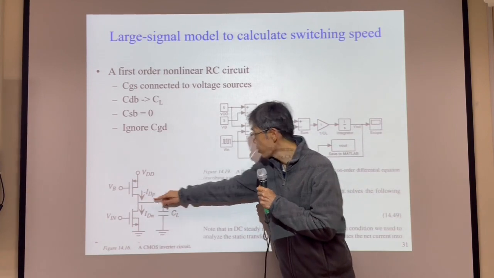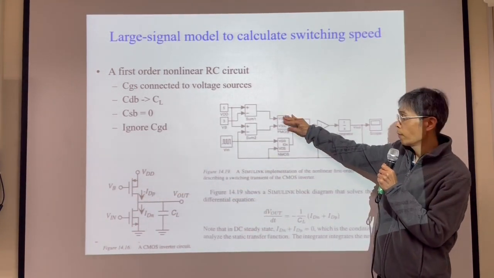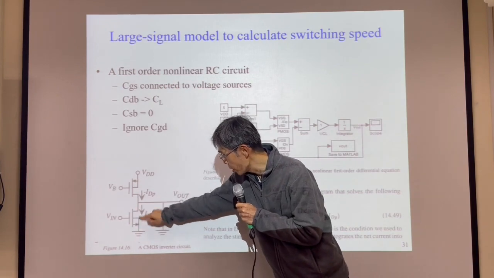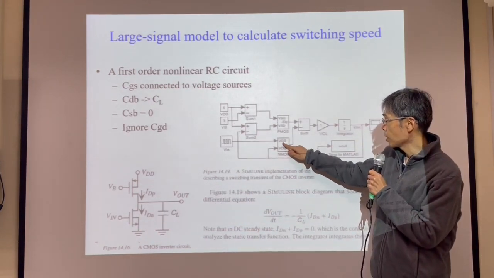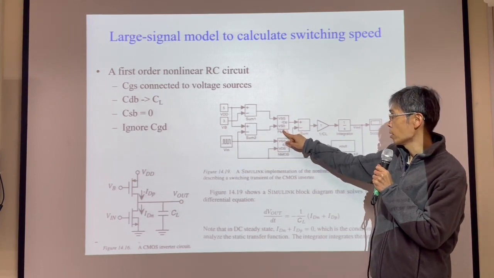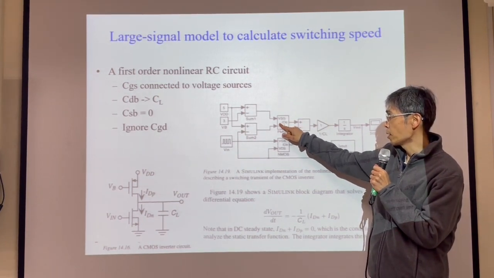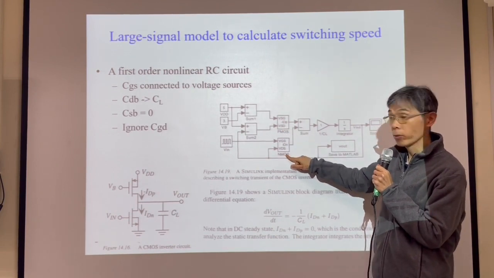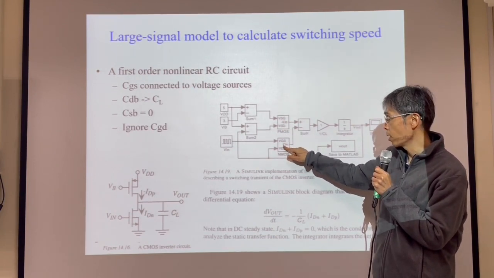For the NMOS model, VGS and VDS are the two inputs. The output for PMOS is the current output minus IDP. For NMOS, the output is the drain current IDN.